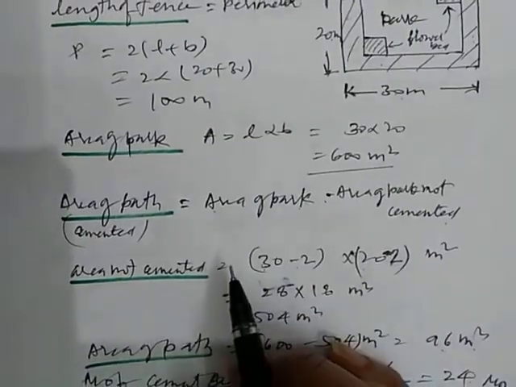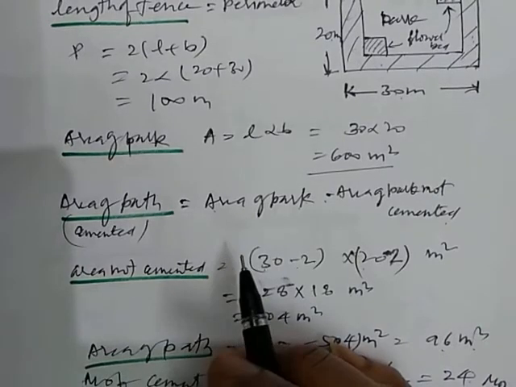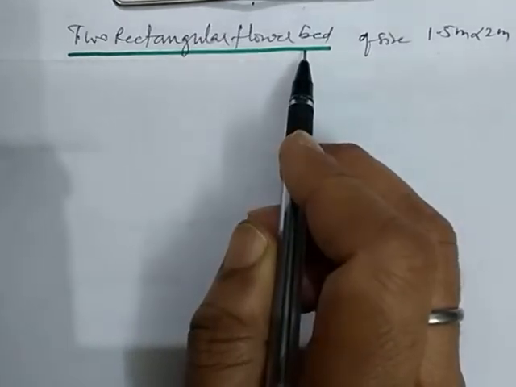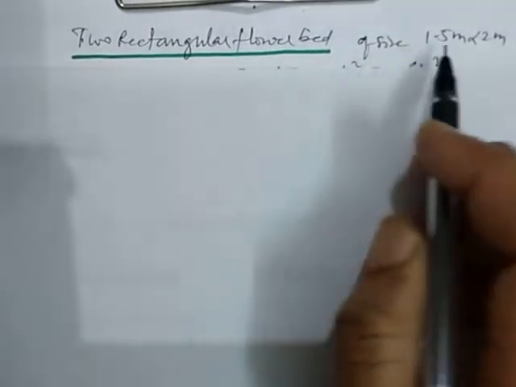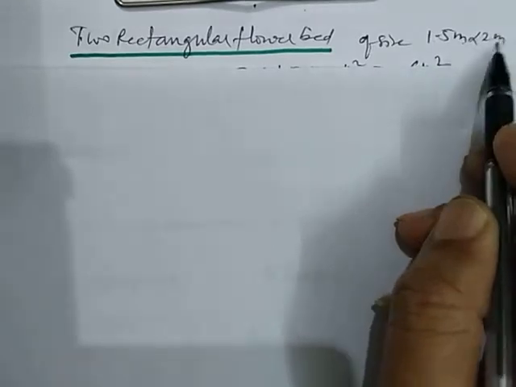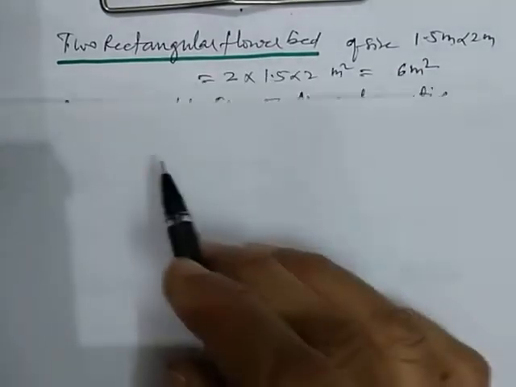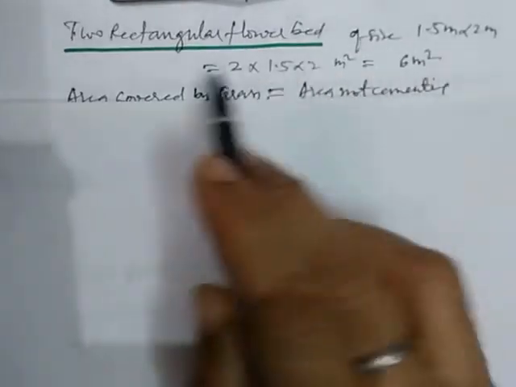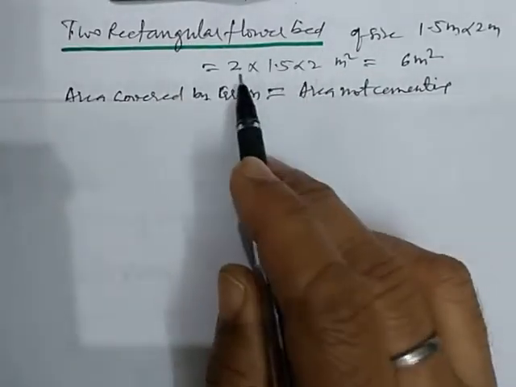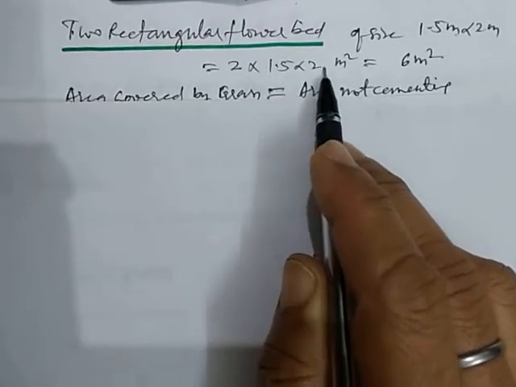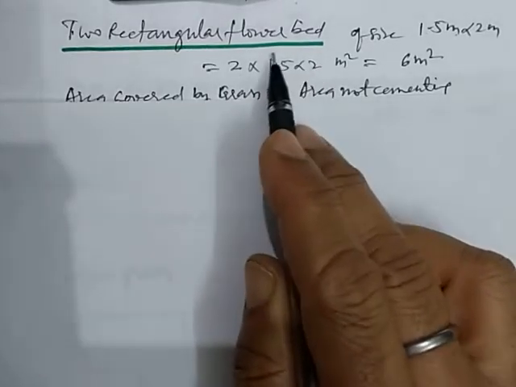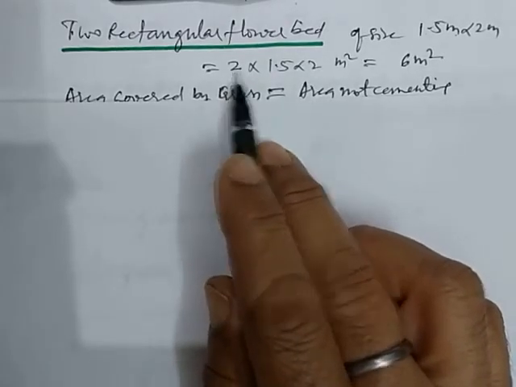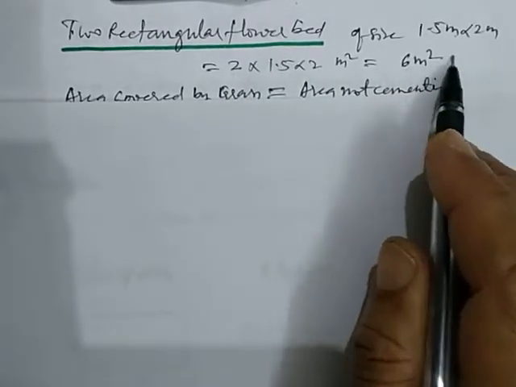Now we learn next. 2 rectangular flower beds are also there, of size 1.5 meter into 2 meter. Okay. So the area of both the rectangular flower beds is 2 into 1.5 into 2. 1.5 into 2 is the area of a single flower bed, and there are 2 flower beds, so we multiply by 2. That is 6 meter square.